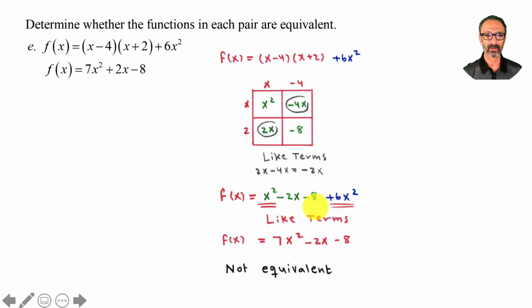Now, these are aligned, or like terms underlined, I mean. 6x squared and 1 more x squared will give me 7x squared, minus 2x minus 8. Compare it to this one. Almost identical, but they're not. The minus 2x here, I have a positive 2x here, so I would say not equivalent.